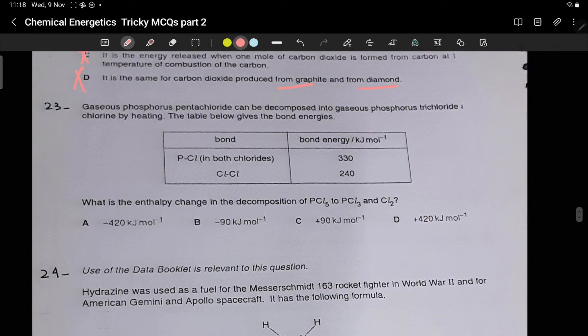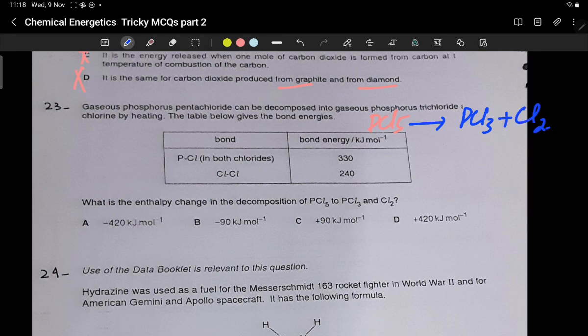So next question: gaseous phosphorus pentachloride can be decomposed into gaseous phosphorus trichloride and chlorine by heating. The table gives the bond energies. So the reaction is PCl5 to form PCl3 plus Cl2.